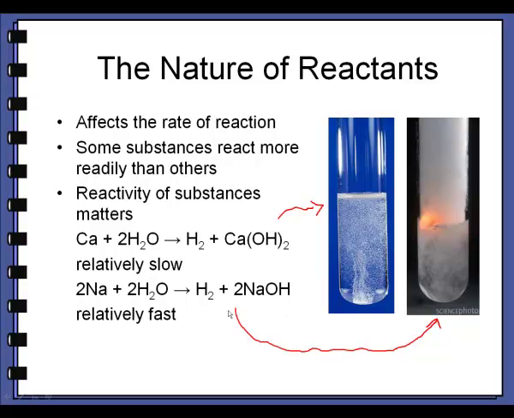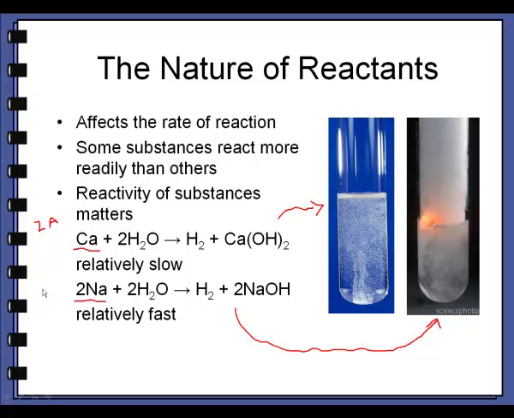And the reason why there's a difference in reaction is simply because of sodium versus calcium. If you remember, calcium is a group 2A metal, which means it has two more electrons than the nearest noble gas. So calcium, as it forms calcium hydroxide, gives its electrons to hydrogen.